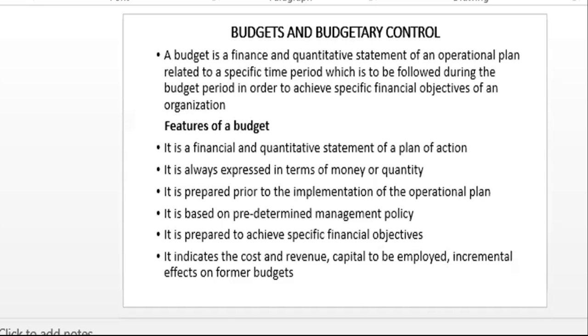Yes, so budgets and budgetary control. After establishing the cost, and we remember when we introduced the cost elements, we said we have standard cost, we have actual cost, we have budgeted cost. So I want us to focus on the budgeted cost, because from the budgets, that's when you compare the budgets with the actual and with the set standards. So this is why budgeting is very important.